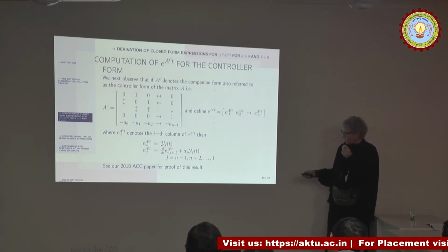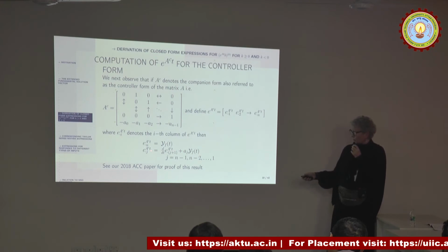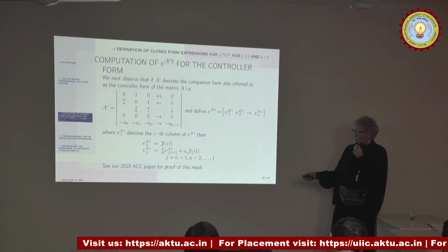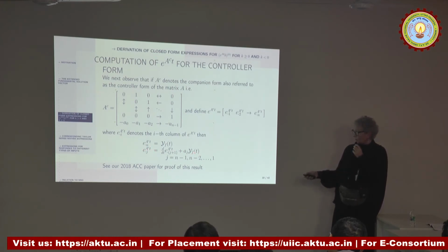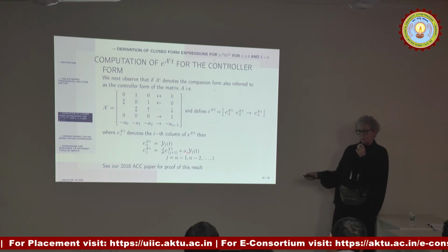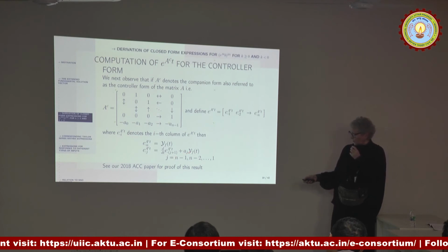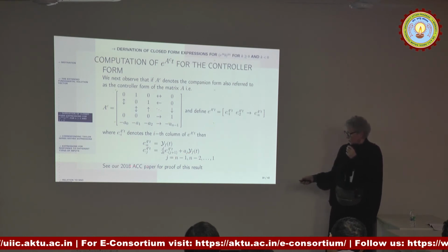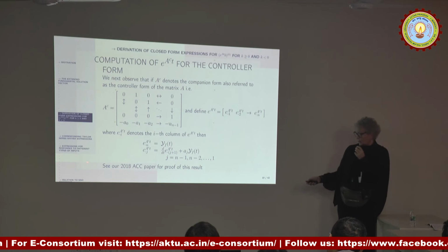And then we can go backwards and compute the other columns of e to the power At from the fundamental solution and the coefficients of the characteristic equation. And this is actually proven in our 2018 ACC paper.